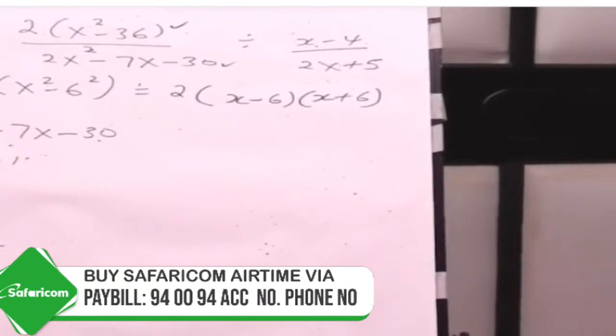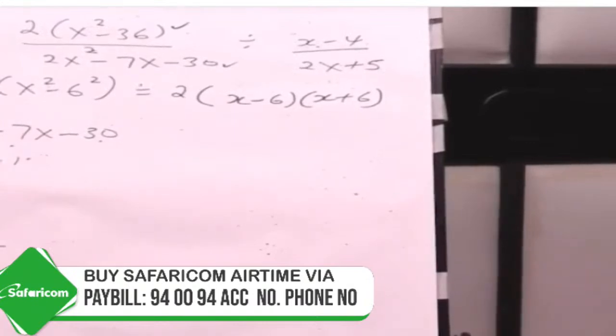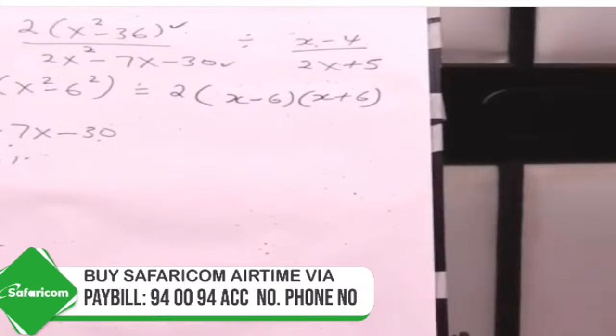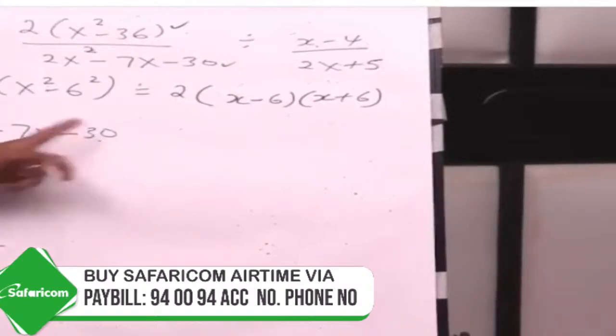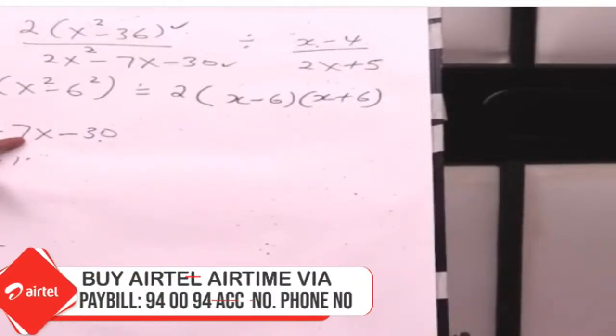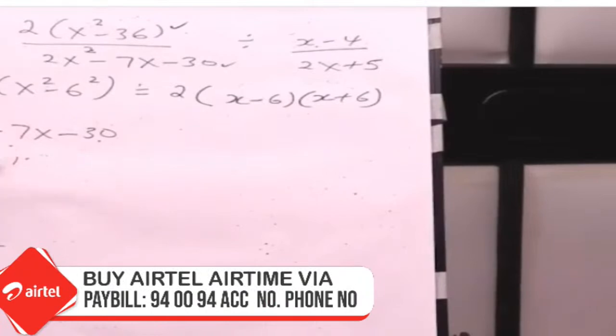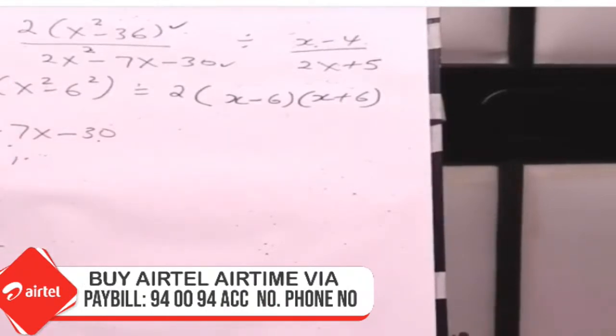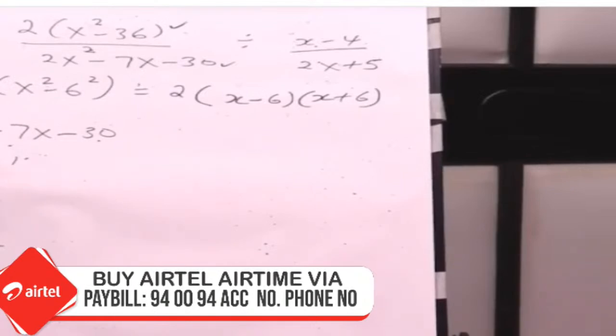So all these are factors of 60. If you multiply them, it gives you 60, but if you subtract them, it gives you 7. If you subtract here, you get something different, around 28. This one gives you 11, this one gives you 7. So the two factors that we are looking for are 12 and 5.